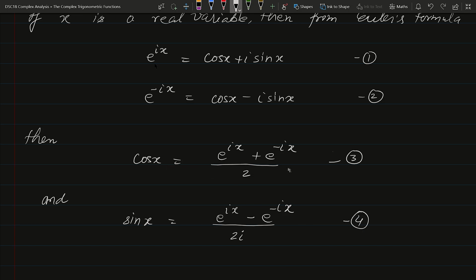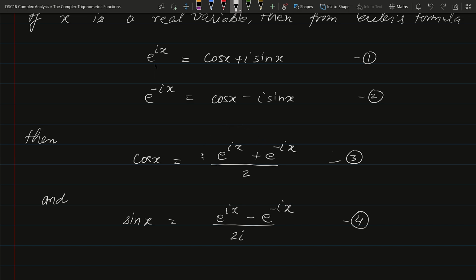These two equations suggest that, the way we have defined the cos and sin functions for the real variable x in the form of an exponential function, and this exponential function is now the complex exponential function, you have a relation between the real trigonometric functions and the complex exponential function.